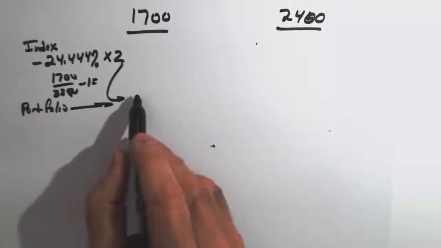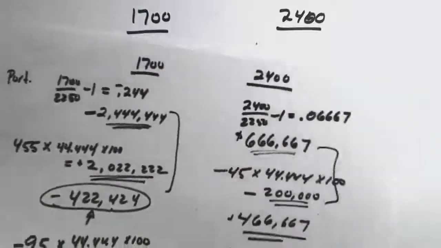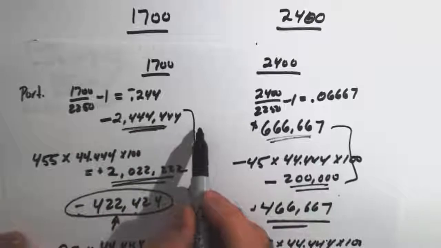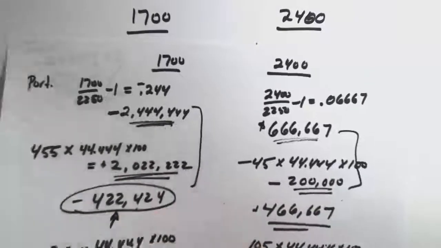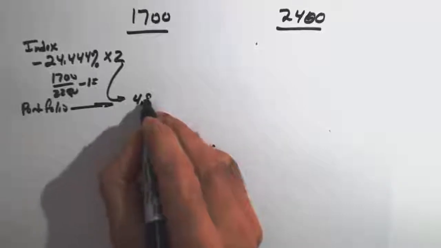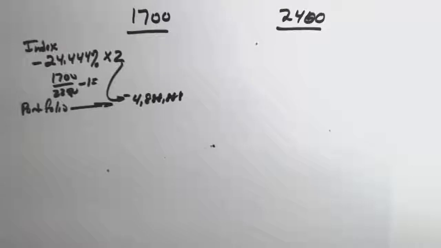And so our portfolio value change is not the 2,444,444, it's double this amount. So it's going to be a 4,888,888 loss. Wow, our portfolio dropped nearly 50%, because it dropped 48.88%.